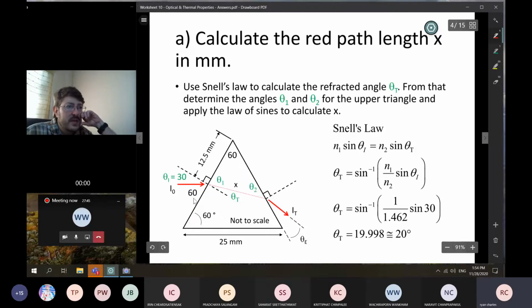So how do you find the red path length x in millimeters? Well, you have all these angles here. We know that this is 60. We know we have a triangle here. We don't know any of these other angles floating around here. So we can use Snell's law to fill in some of the unknown information to help us find x, perhaps. Use Snell's law to calculate the refracted angle, theta t, which would be this angle in here.